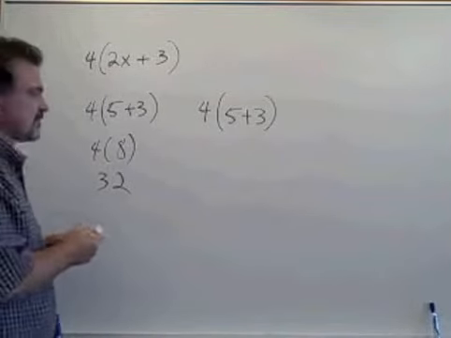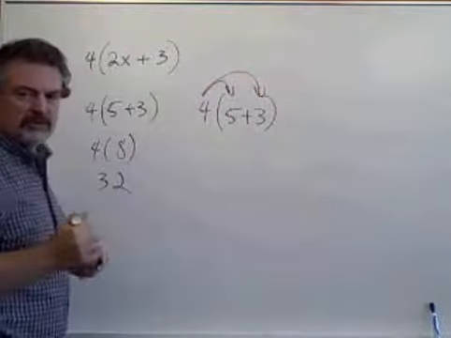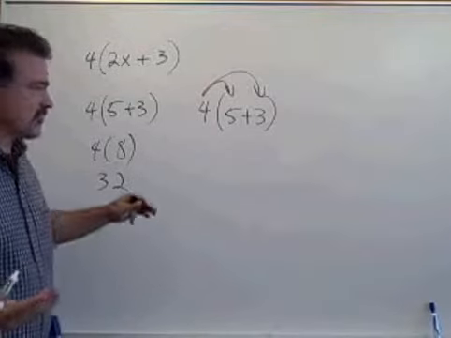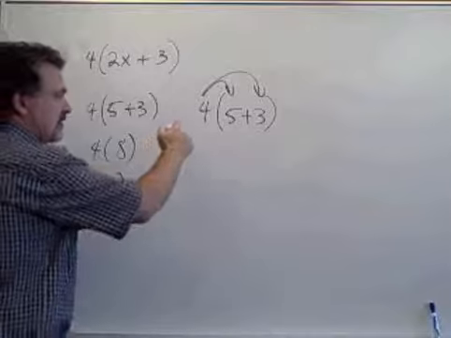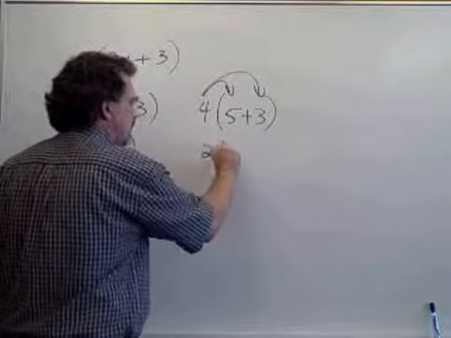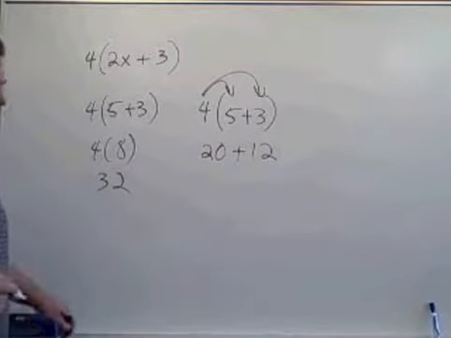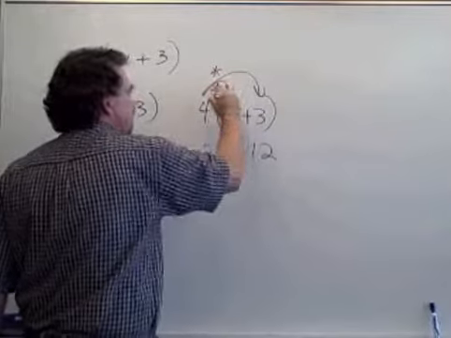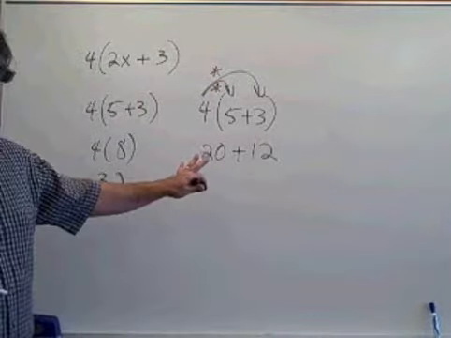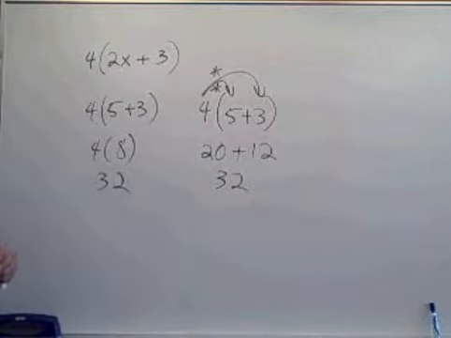If I distribute the multiplication over both of the terms that are in the parentheses, so 4 times 5 gives me 20, 4 times plus 3 is plus 12. If I distribute the multiplication times both of those terms first, then add, the result is the same, and it will always be the same.